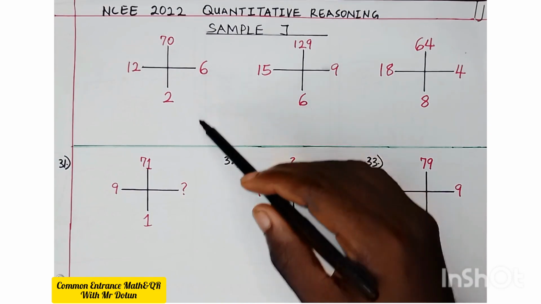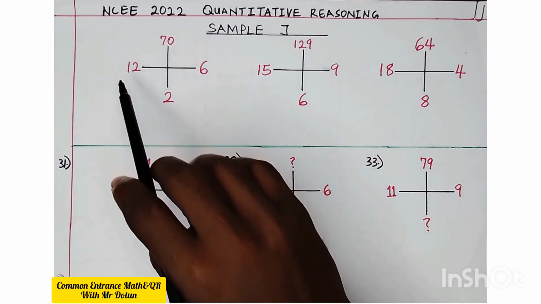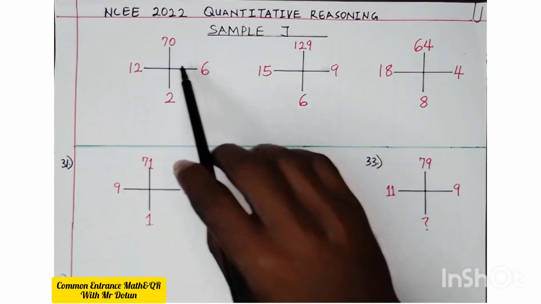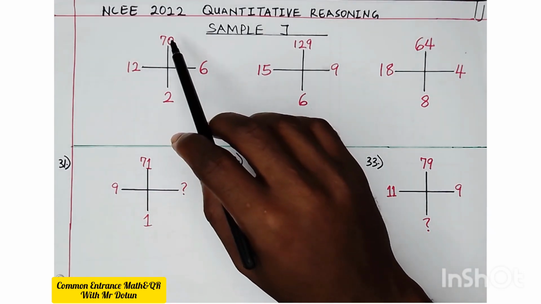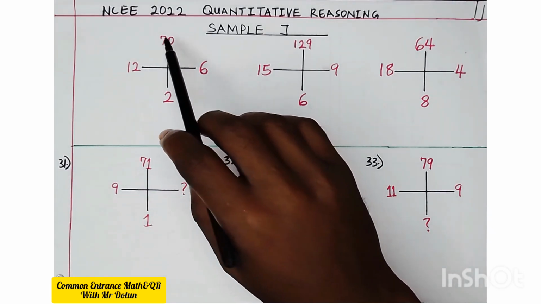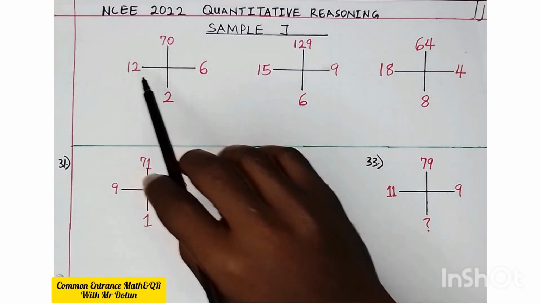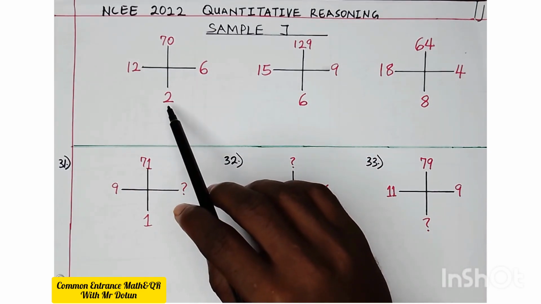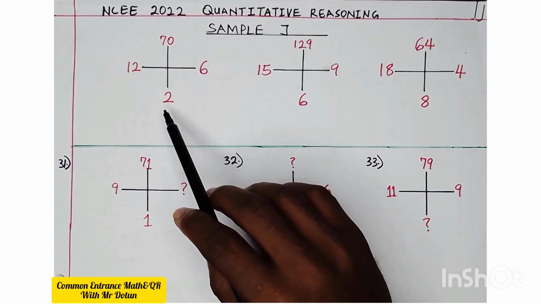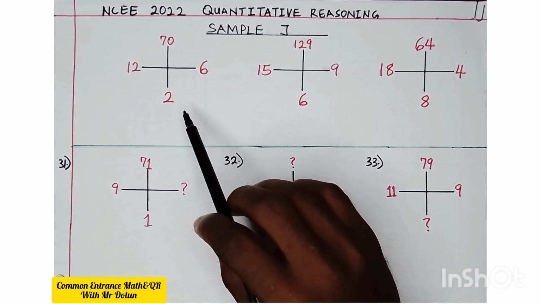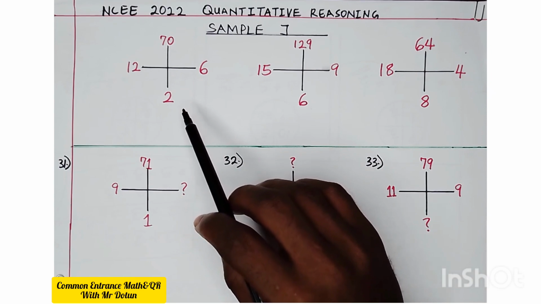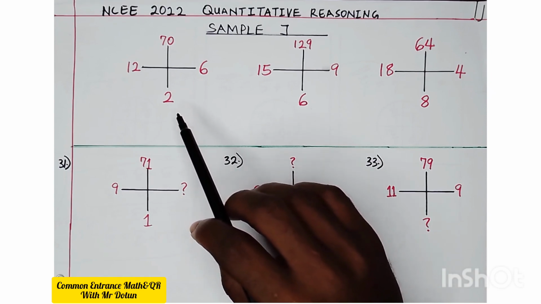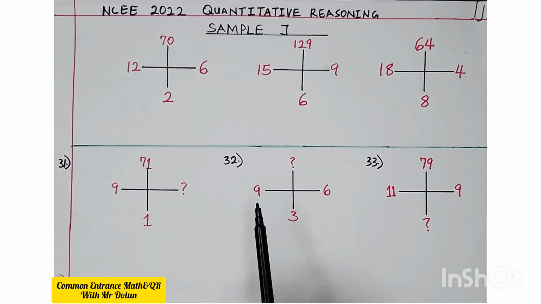Then you could also have the 3 working together to produce the one on top, or these 3 up working together to produce the one down. Whichever way, you just have to study as fast as possible, because this is an exam and you have a few seconds to analyze your sample and go over to solve your questions.